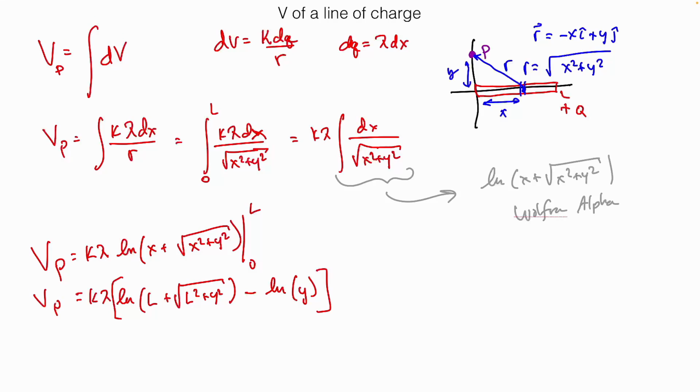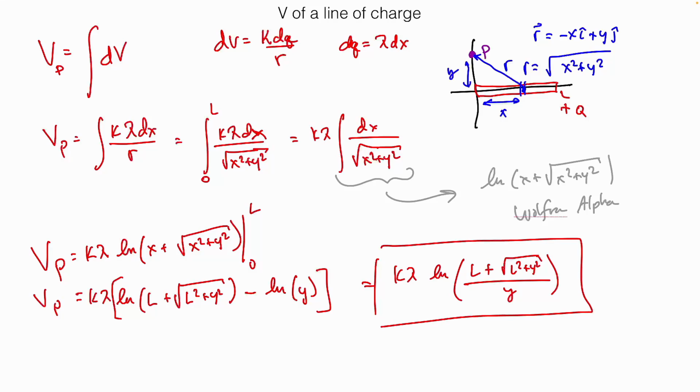And one of the things they probably beat into you in algebra class is that if you have a difference of logarithms, you can make one go in the denominator. So we'll make this look a little bit better. Natural log of L plus the square root of L squared plus y squared, over y. There we go. A little bit more compact, at least.